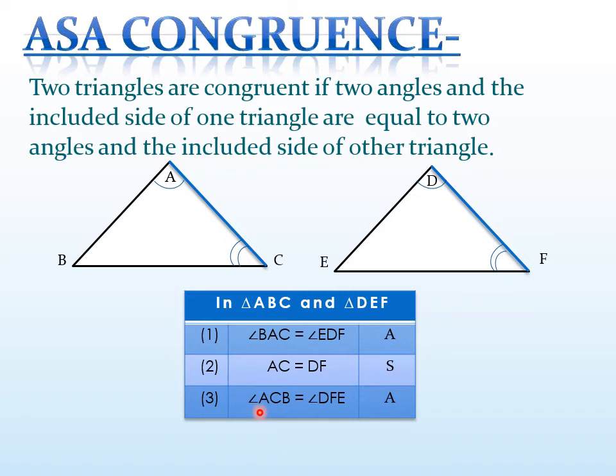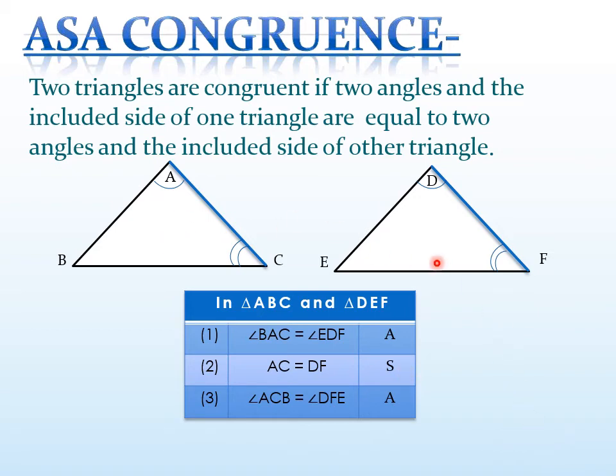And then angle ACB is equal to angle DFE. So ACB is equal to DFE. So we can see that two angles and the side between them. Again, two angles and the side between them. So we can apply the angle side angle. Therefore, we are valid with the ASA rule, angle side angle congruency rule.